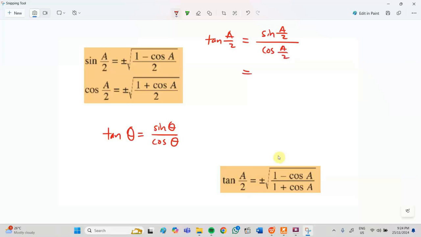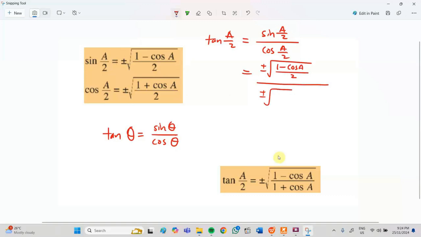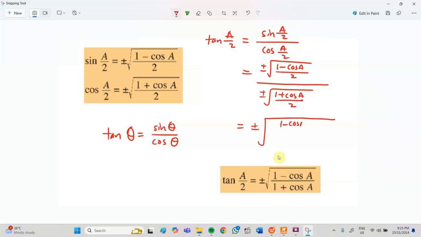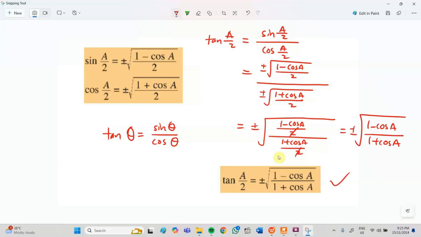Sine a over 2, we already derived just now, so you get plus minus square root of 1 minus cosine a over 2. And for cosine a over 2, we have this, 1 plus cosine a over 2. We can combine this, so you get this 1 minus cosine a over 2 over 1 plus cosine a over 2. 2 and 2 here cancelled. You will get this 1 minus cosine a over 1 plus cosine a for tangent a over 2.